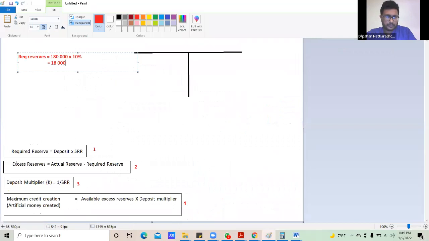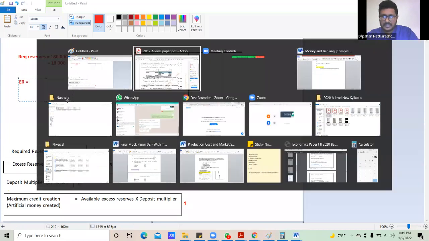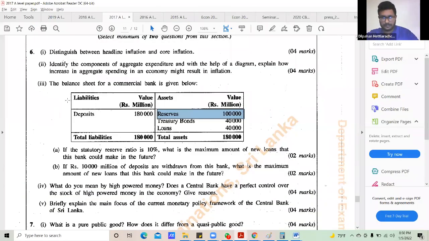Calculation number 2. Excess reserves equals actual reserve minus required reserves. So we have to calculate excess reserves then. Actual reserve means the reserve amount they are holding. How much have they kept with them? 100,000.